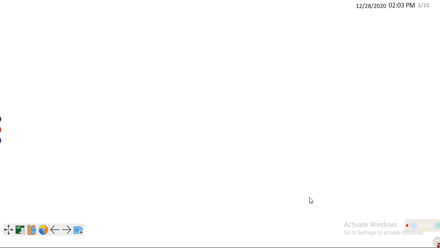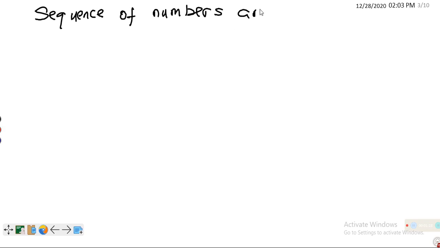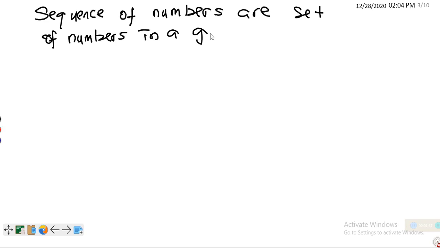A sequence of numbers is a set of numbers in a given order.